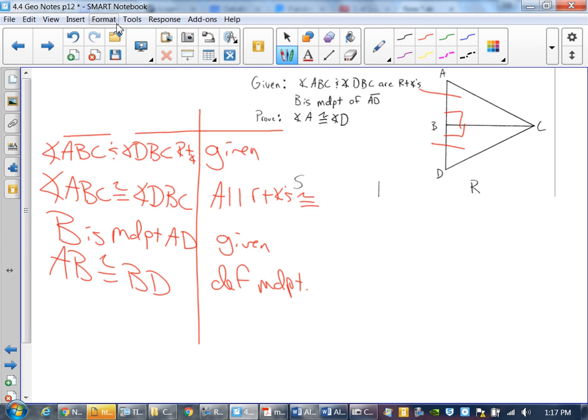When will you have to find an angle? It's very rare. But in the packet, will there be one where you have to find an angle? There are times.